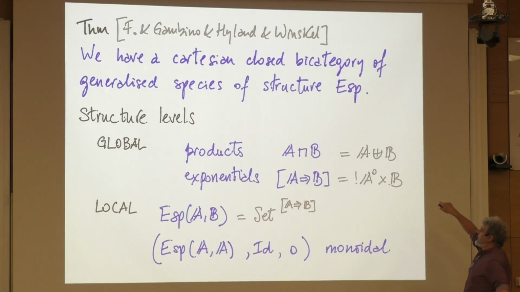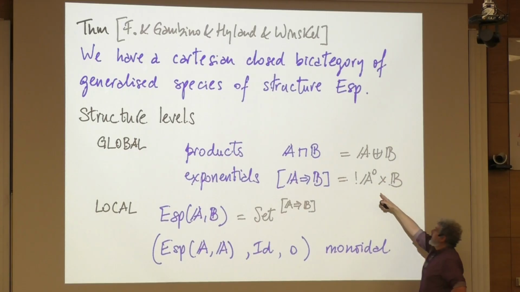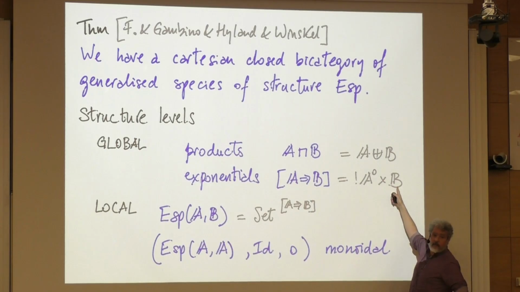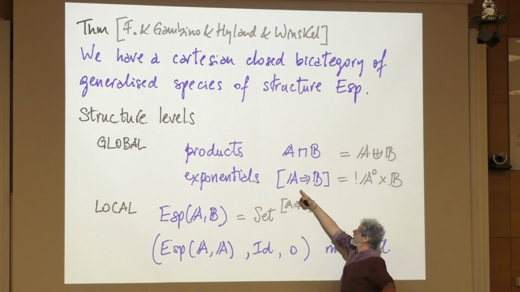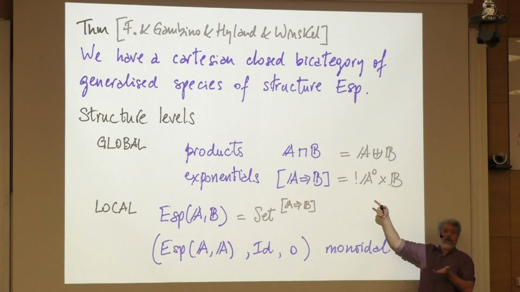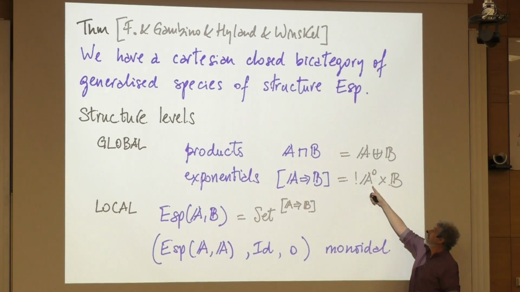The product of two categories here happens to be their categorical sum, the disjoint union. The exponentials, you can imagine, are of the shape of many to one. The exponential in this bicategory from A to B has to describe many to one maps or operations. So it's many to one.